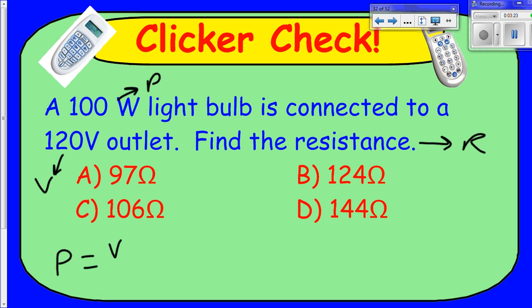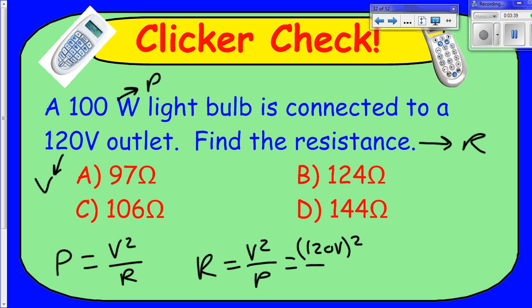P equals V squared over R. If I solve for R, that's V squared over P, which comes out to be 120 squared over the power, which is 100 watts. If I do 120 squared and then divided by 100, that gets me 144 ohms as my resistance, which is letter D.